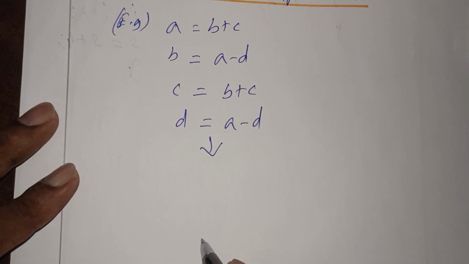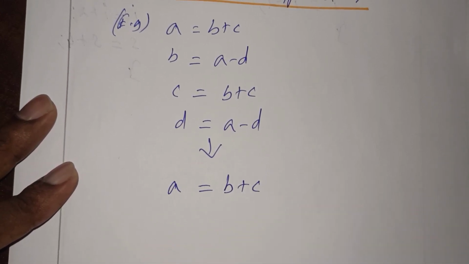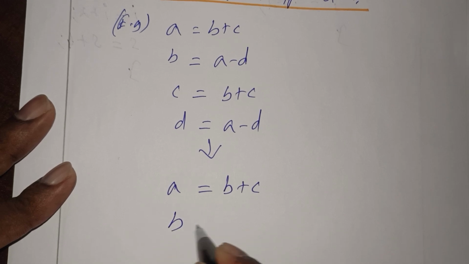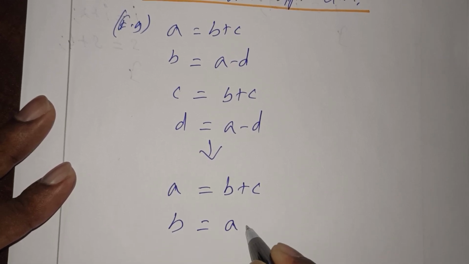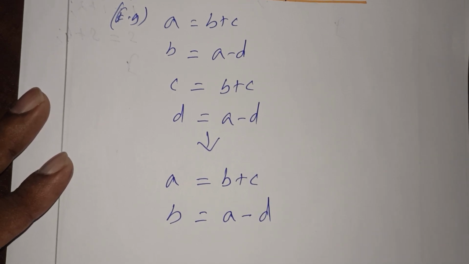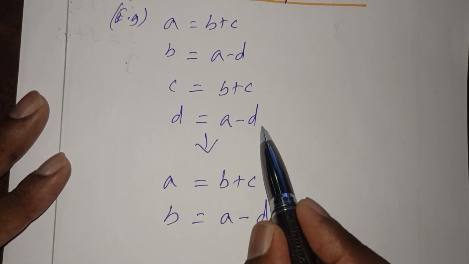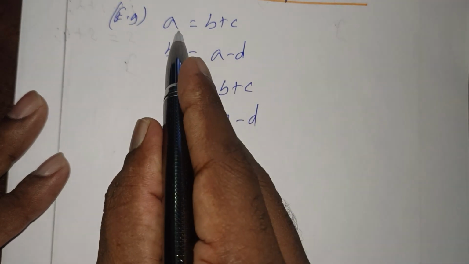I am rewriting the same code: A is equal to B plus C. Again, B is equal to A minus D. We don't know the value of D here; it may have some value. So here D is equal to A minus D. The A value is here.